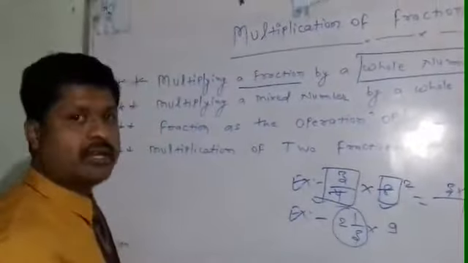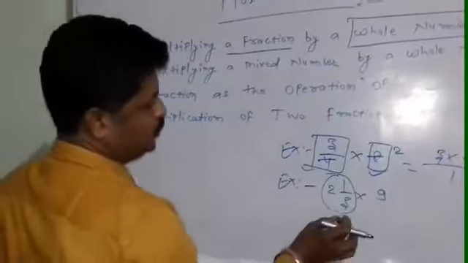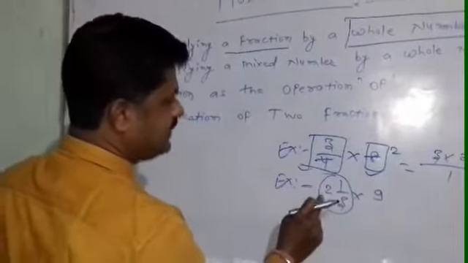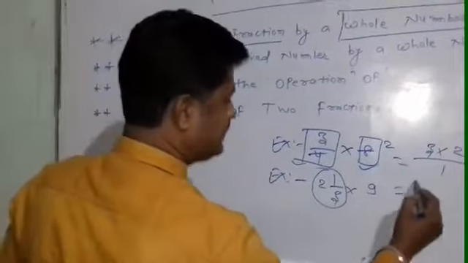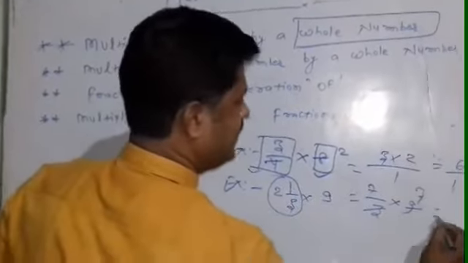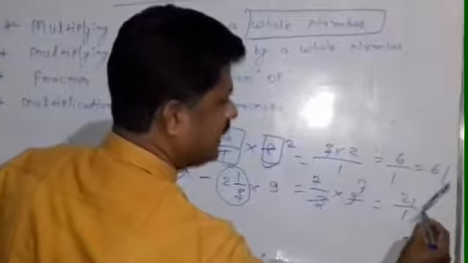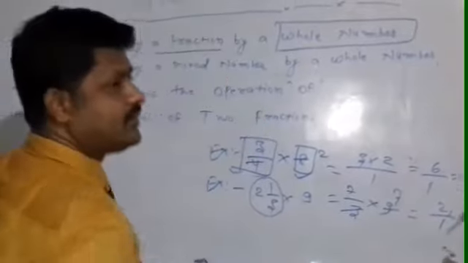This is our question. Firstly, 3 twos are 6 and 1 is 7. That means 7 by 3 into 9. 3 threes are 9. That means here we see 7 threes are 21 by 1. That means 21 is your answer.